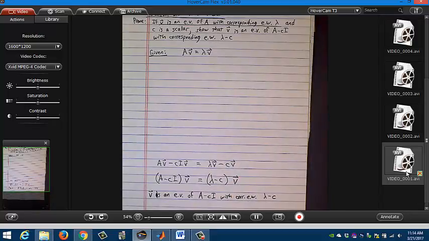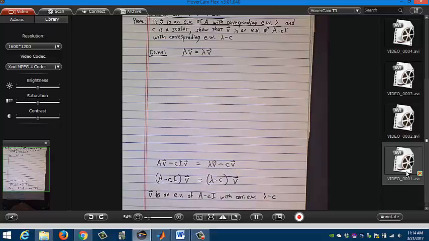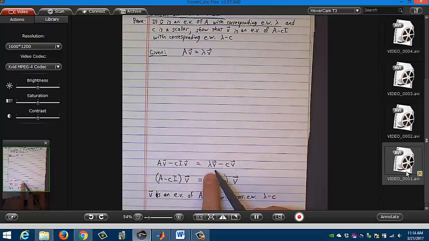Does that make sense? So the question is, can we get from the given to there? What would you do? Well, Tyler. Replace the Av with the lambda v on the right side? You could. But I'm looking at what I'm given, and I have lambda v already.